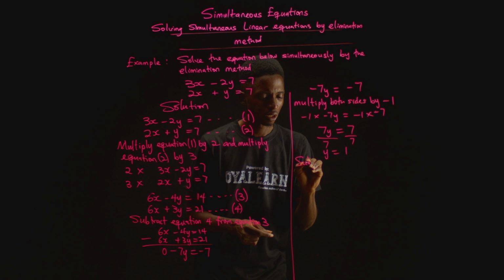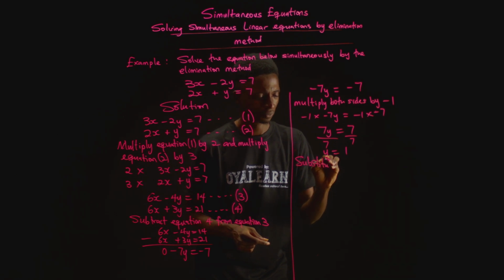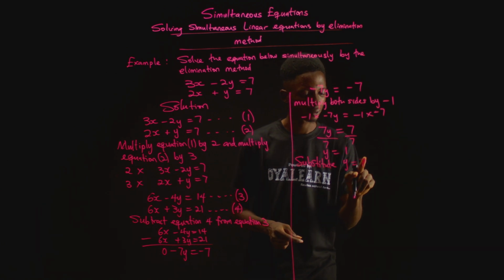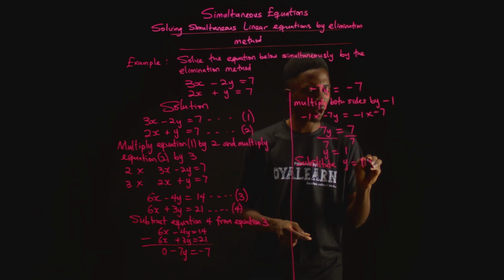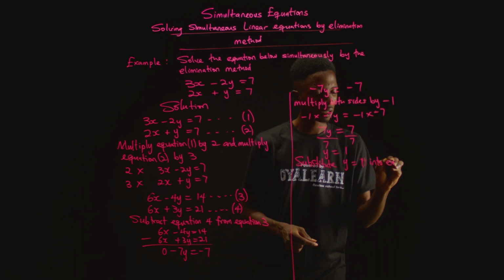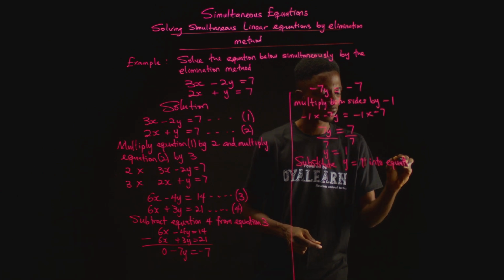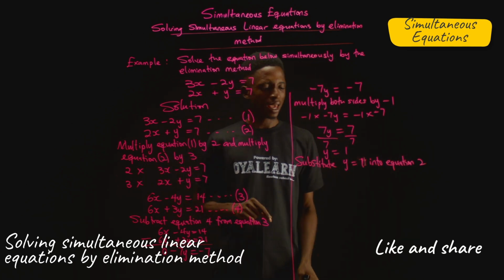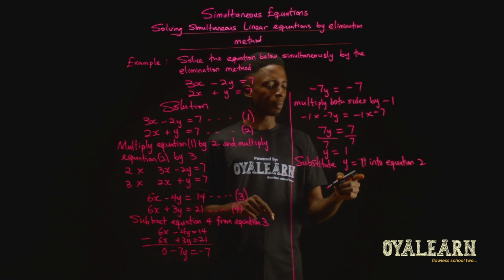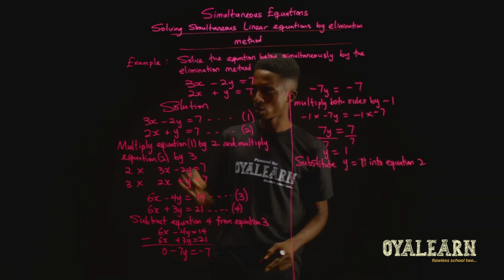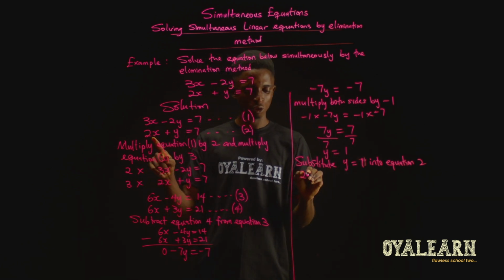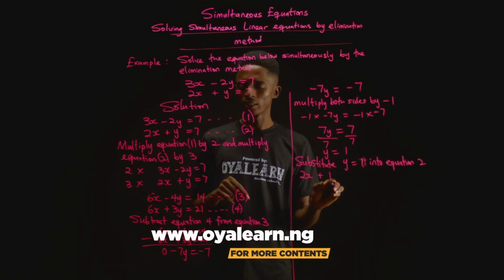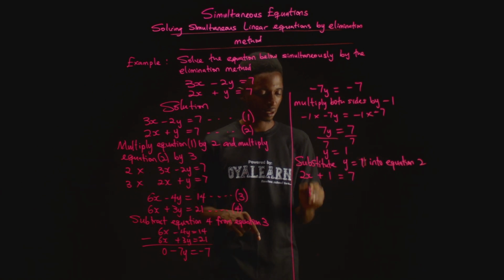Now, substitute y equals 1 into equation 2. So that is in my equation 2. Anywhere I find y, I will replace it with the value of y, which is 1. Now, equation 2 states that 2x plus y, and y is 1, equals 7.